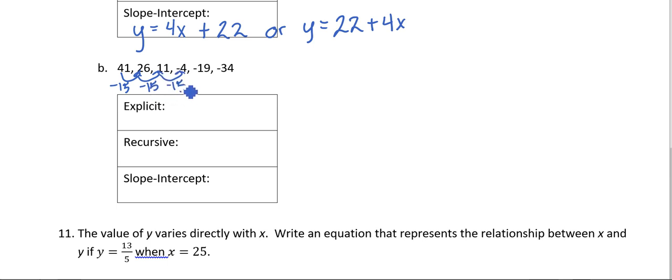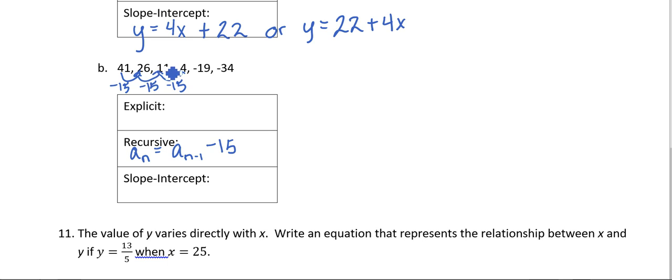Starting with my recursive formula, to find any term, I'm going to take my previous term, so a n minus 1, and I'm going to subtract 15. If I'm looking for my second term, I take my first term and subtract 15. If I'm looking for my third term, I take my second term and subtract 15.